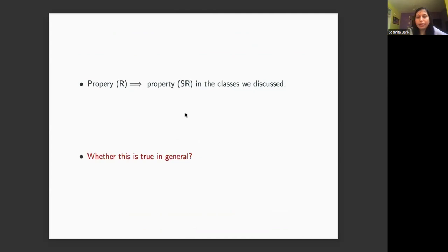In general, are property R and property SR equivalent? Earlier we had not got any example of a graph satisfying property R but not SR, that is, where the multiplicity differs for a certain eigenvalue. So this is obviously one question: whether property R always implies property SR, that is, whether the multiplicity is the same. But this is not true.